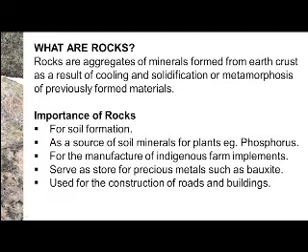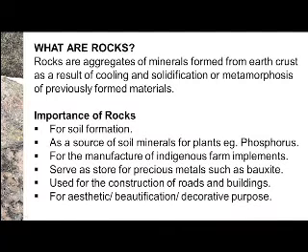Yes, so I would say that that's also of an agricultural importance. However, the rest are not in relation to agriculture. So if you write for soil formation, you are correct. Two, as a source of minerals for plants, you are also correct.